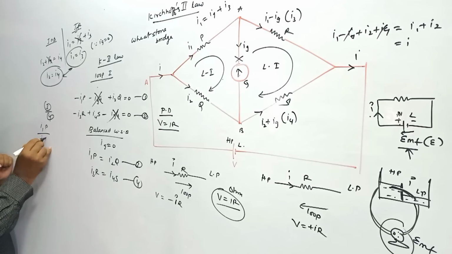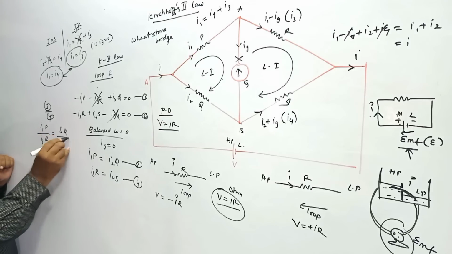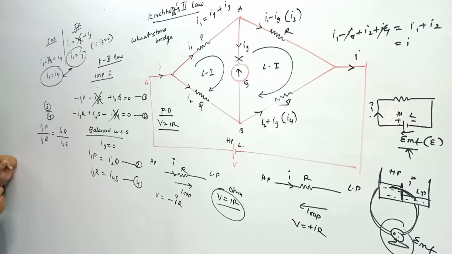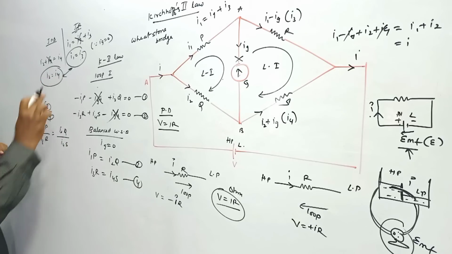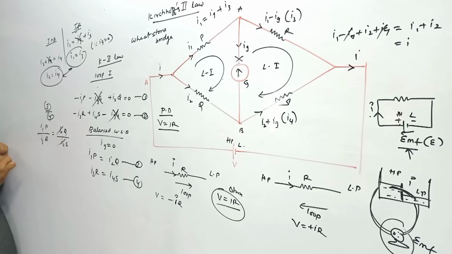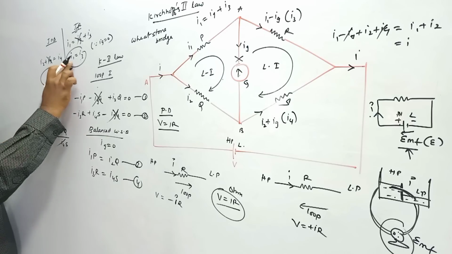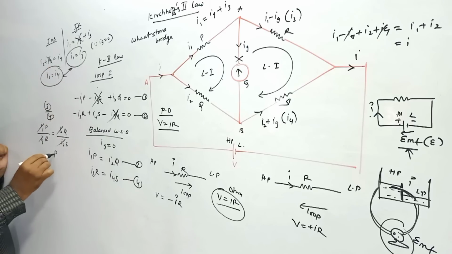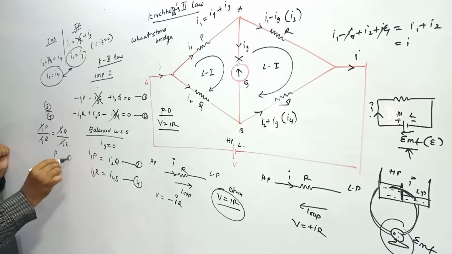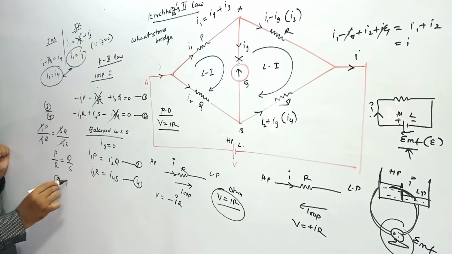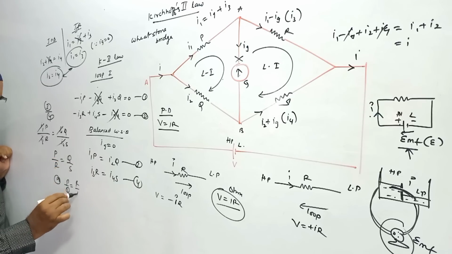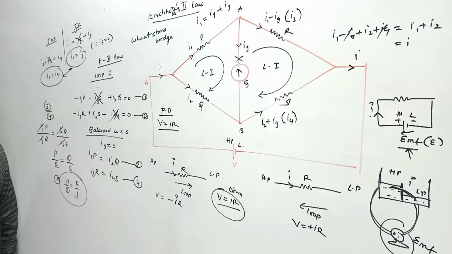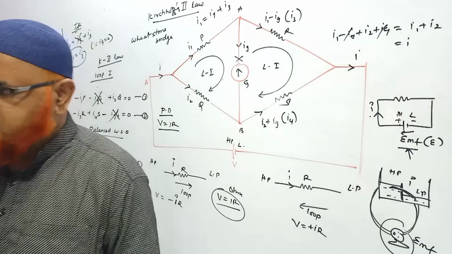I1P by I3R is equal to I2Q by I4S. You all know I2 equal to I4, means this can be cancelled. And also I1 equal to I3, this can be cancelled. This is P by R is equal to Q by S. P by Q can also be taken as R by S. This is the equation for a balanced Wheatstone bridge. Hope you understood. That's it.